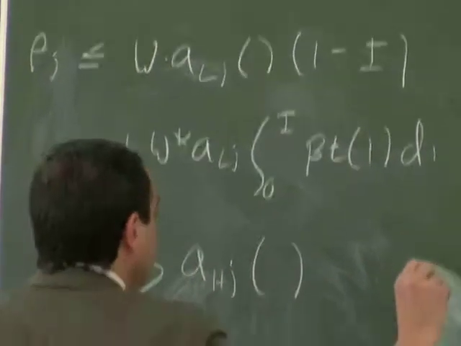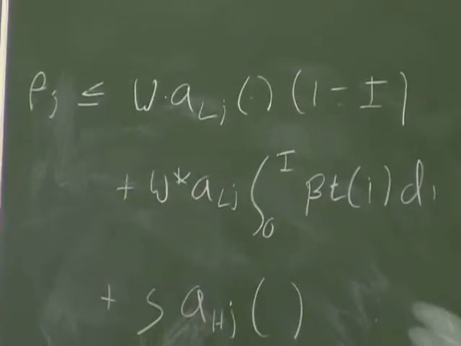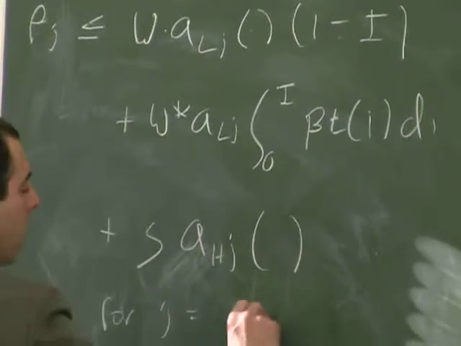Then we might have other factors; let me come back to that in a second. And this is for J equal to X or Y.